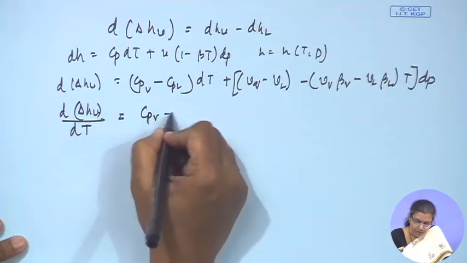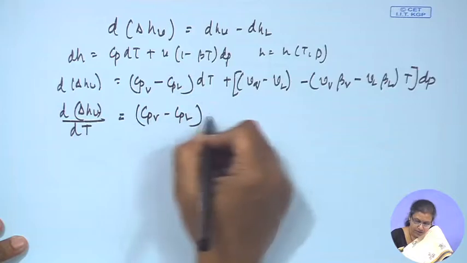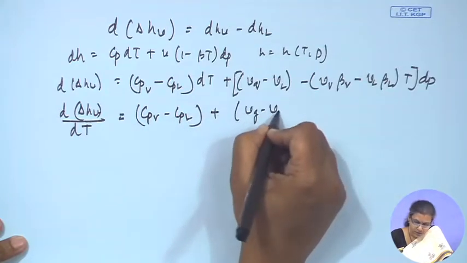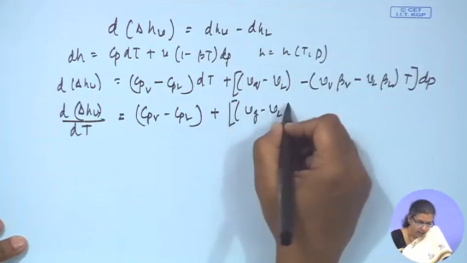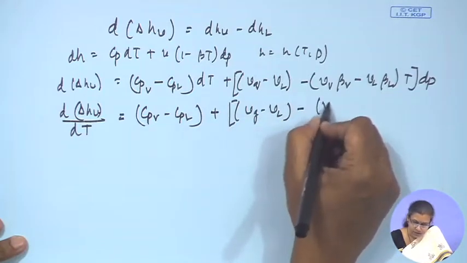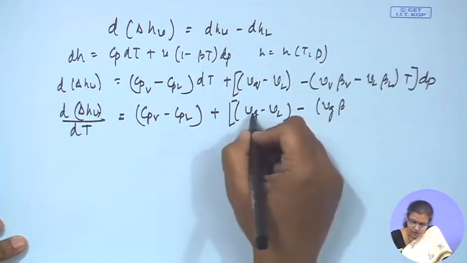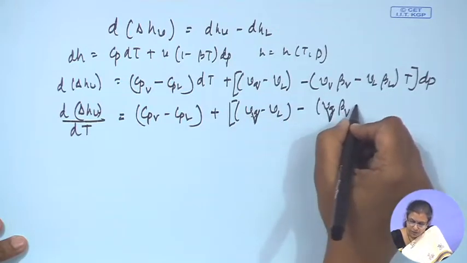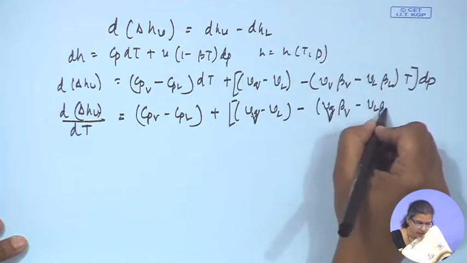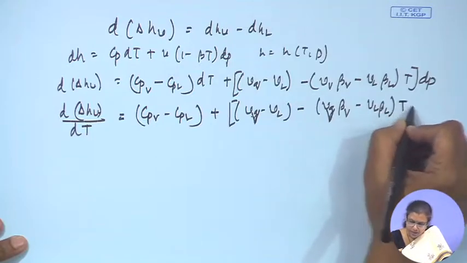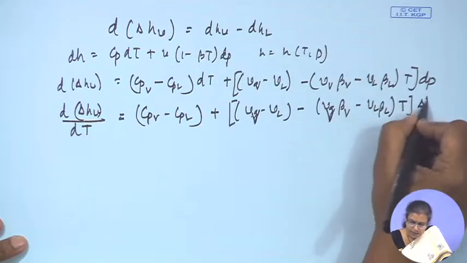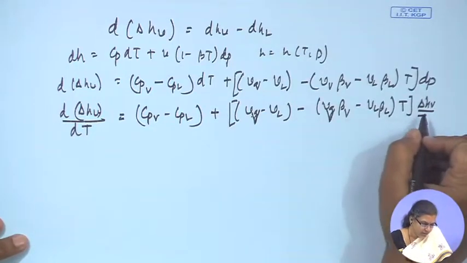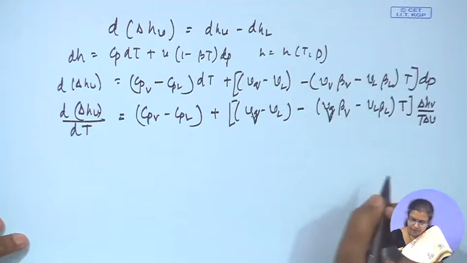What do we get? The equation is something of this sort: Vv minus Vl minus Vv beta V minus Vl beta L, sorry, I missed, T delta Hv by T delta V, isn't it?